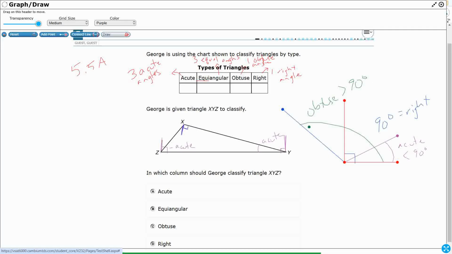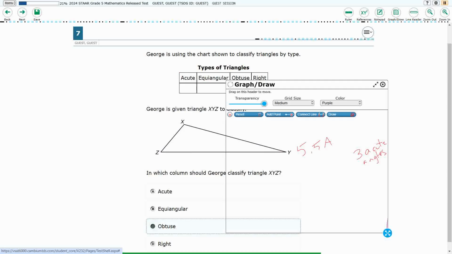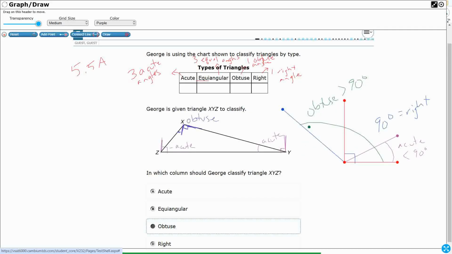I'm trying to make a square corner out of this side right here, and it looks like it's going to be somewhere around there. So it's larger, which means this is an obtuse triangle. This means this is an obtuse angle makes it an obtuse triangle. Because once one angle is classified as obtuse, that makes the whole triangle an obtuse triangle.